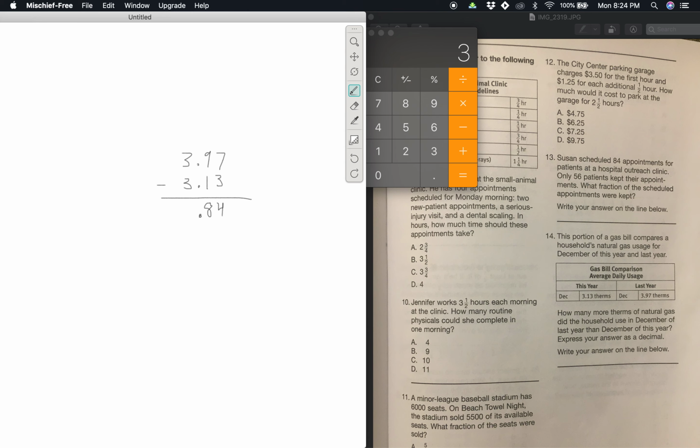Put decimal there. 3 minus 3 is 0. Don't even have to put 0. So we used 0.84 therms more last year than this year. Wonderful. Must have been a cold winter last year.